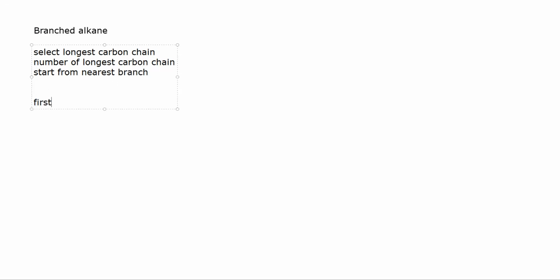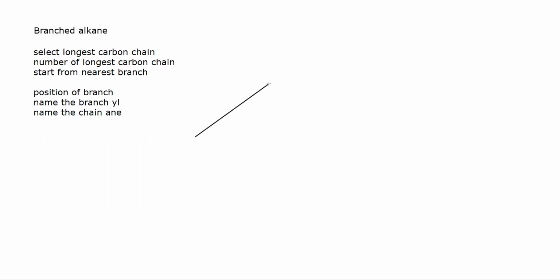Then first name the branch, and the branch should always have yl. Then the position, first the position of the branch, then name the branch. The branch should have yl, and then the chain. And the chain should have a and e.